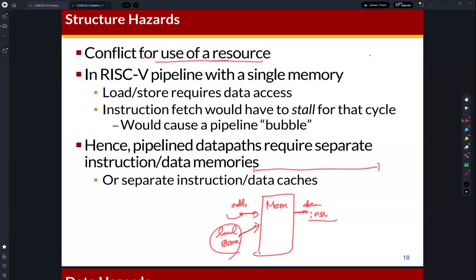Within one clock cycle, this instruction memory is already occupied by the address, right? So actually a load instruction or store instruction cannot access this memory. In order to change this address, we need to wait one clock and then a new address needs to be given to this memory. Right. So this is the example of structure hazard.